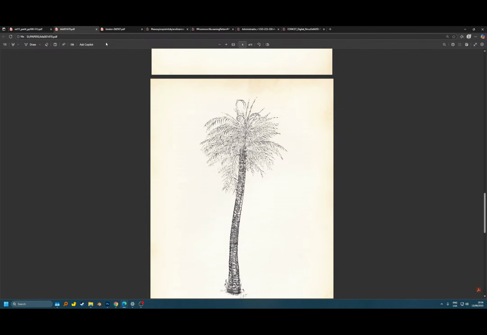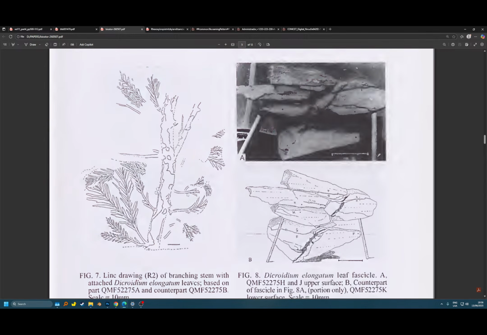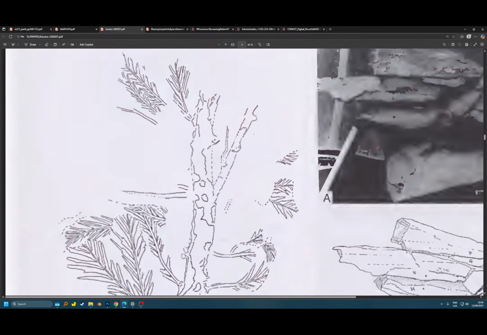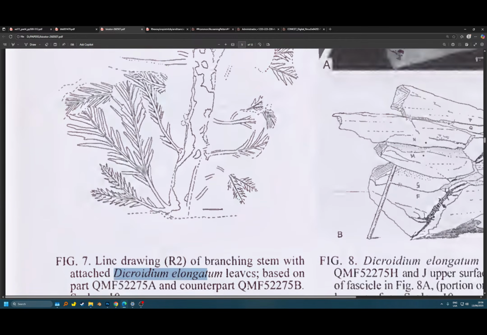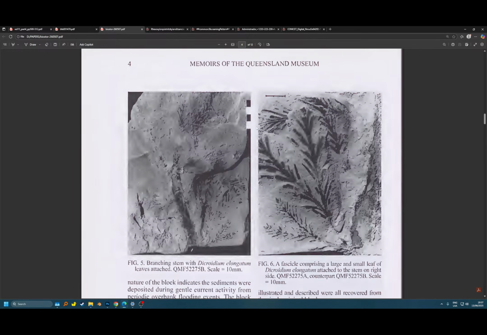There are various species of Dicroidium, at least three, associated with stems directly attached to fronds, and these are some species. This is Dicroidium elongatum. This is a very poorly scanned paper, so the fossils are sadly not very well photographed.